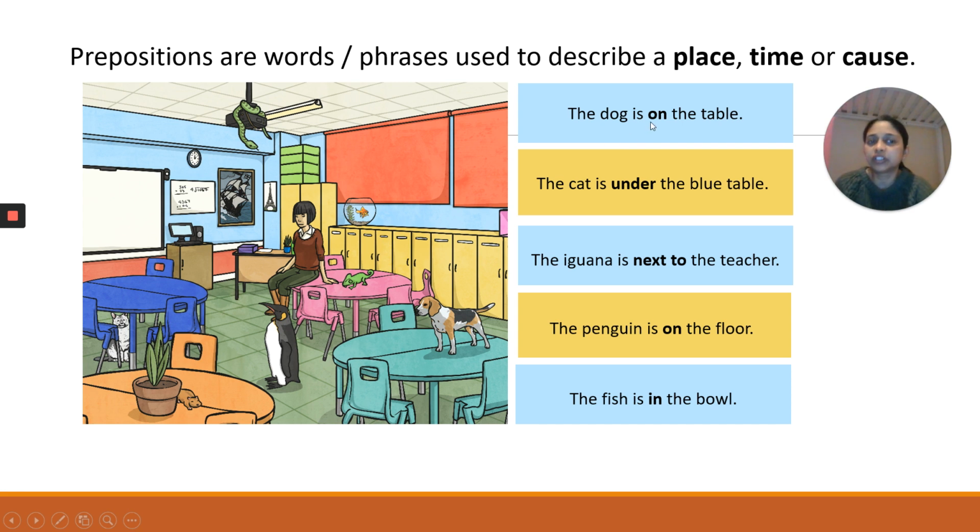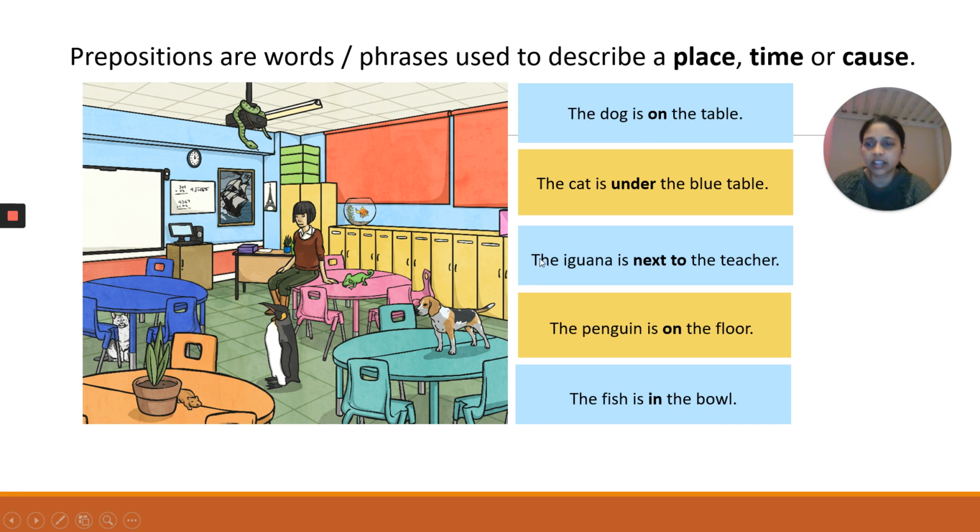Okay, so the dog, if you have a look at this dog here, is on the table. Now, if you ask the question, where is the dog? We're going to say the dog is on the table, which is why on is the preposition, and it is a preposition of place because we're asking the question, where?